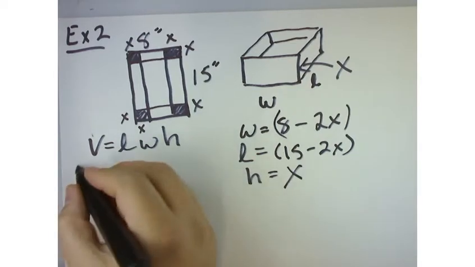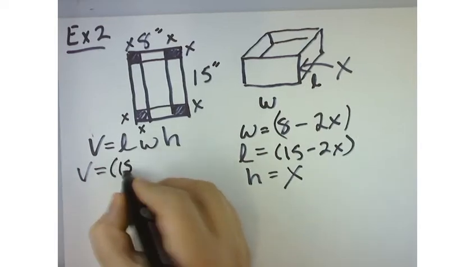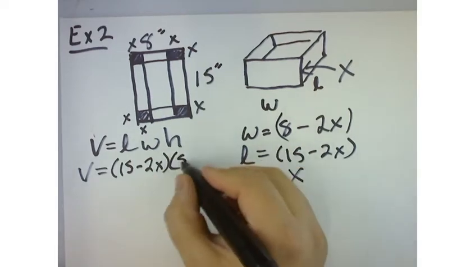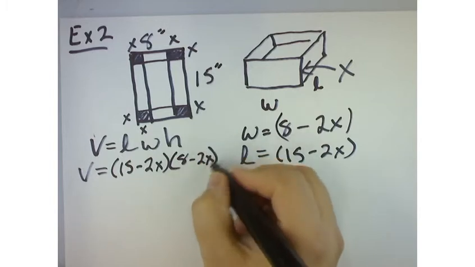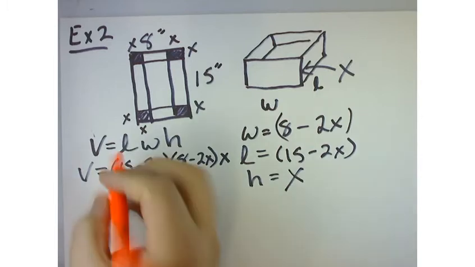So then my volume is actually 15 minus 2x, times the quantity 8 minus 2x, times x. Does that make sense to you guys? So now I've written the volume as a function of x. This is part A out of your textbook. This is what they wanted us to do first.